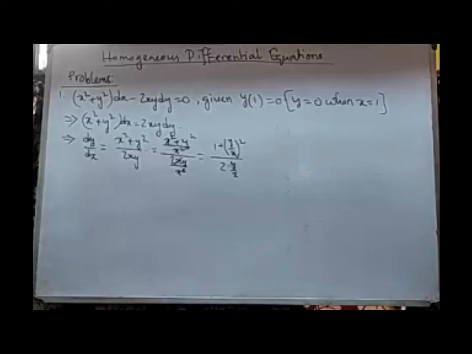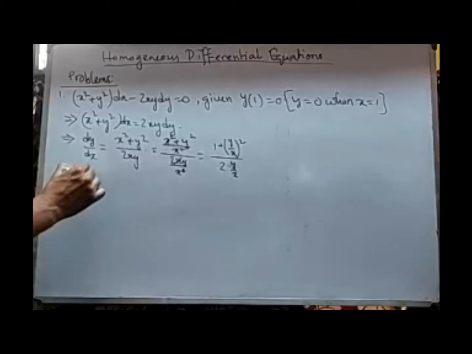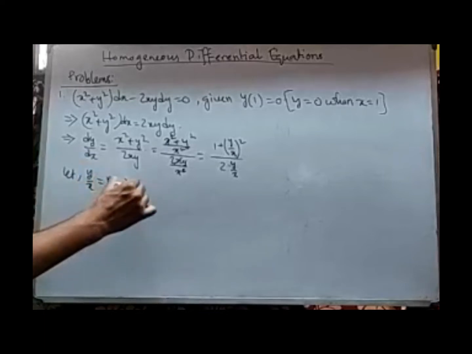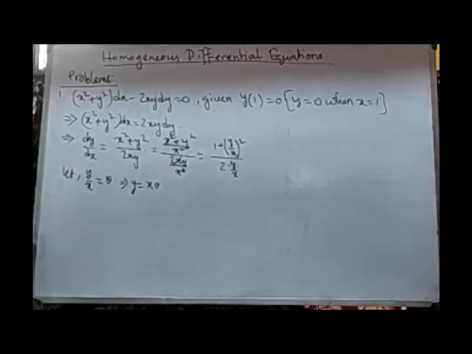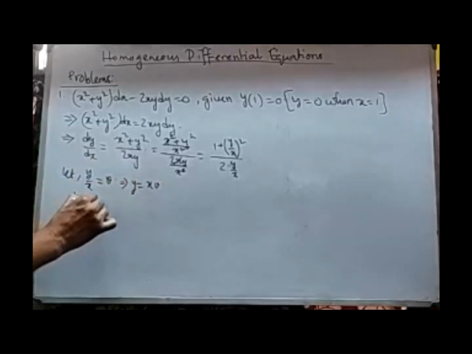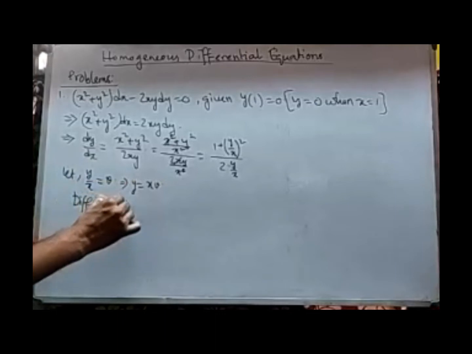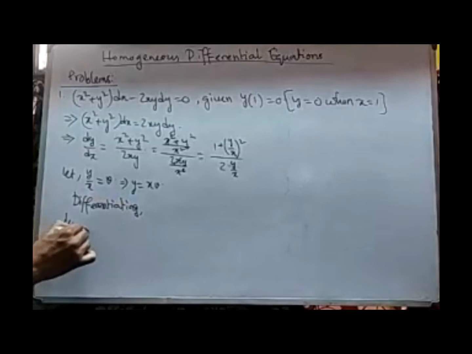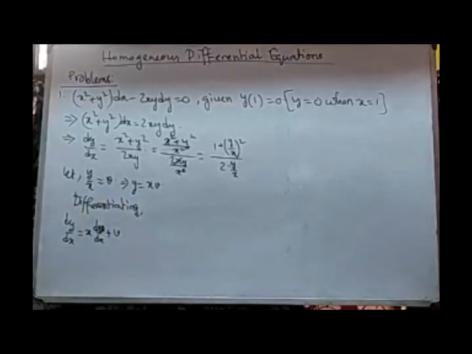So in this step, you have to substitute y by x equals v, and taking x to the right hand side, you can differentiate. Differentiating, what you are getting: dy/dx is equal to x dv/dx plus v.